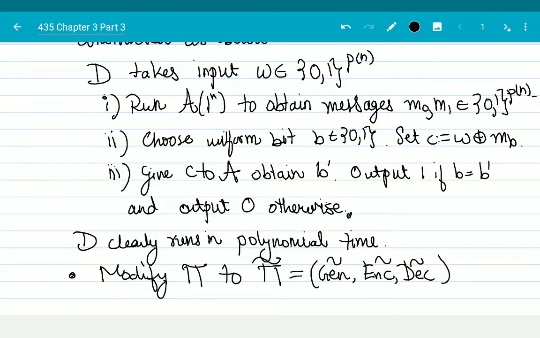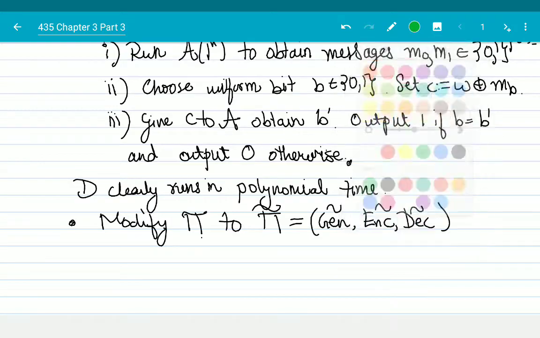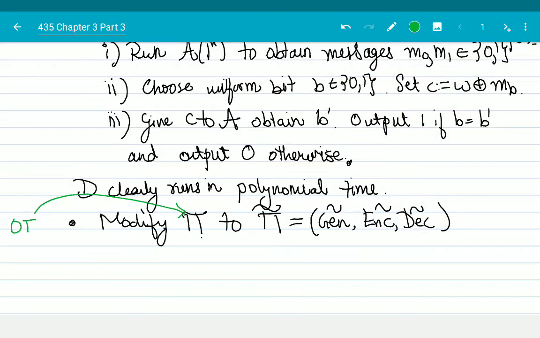Ooh, I forgot to mention that pi is actually a one-time pad. Pi is OTP of length PN.